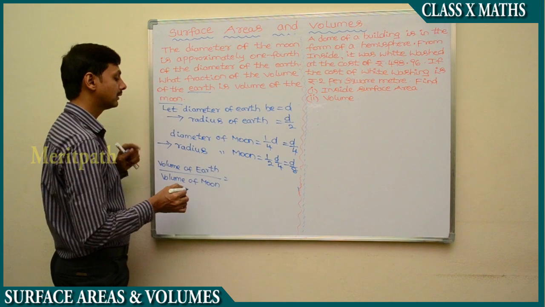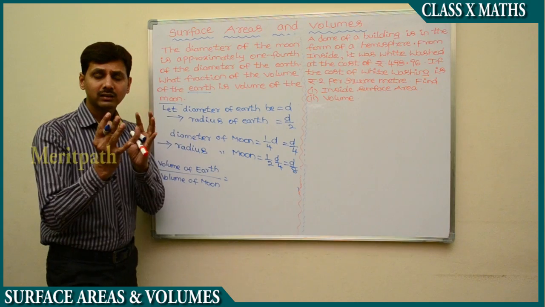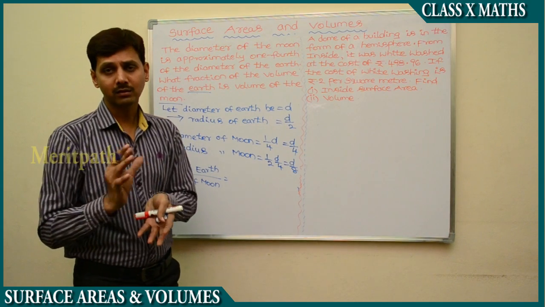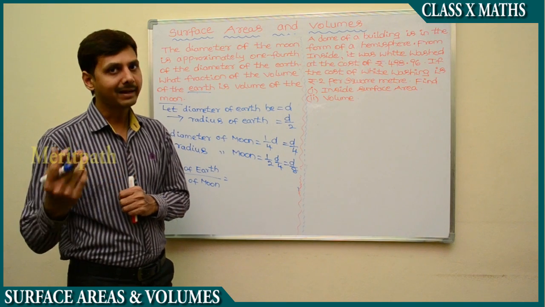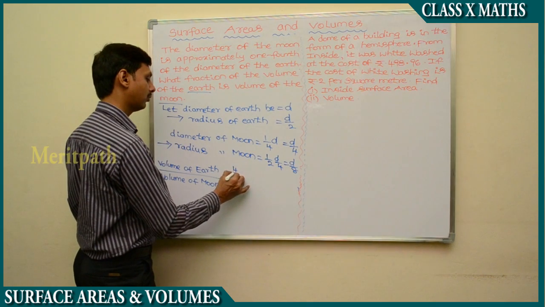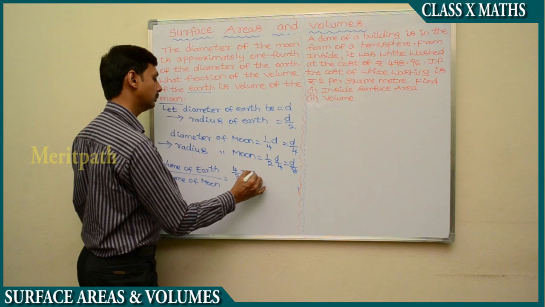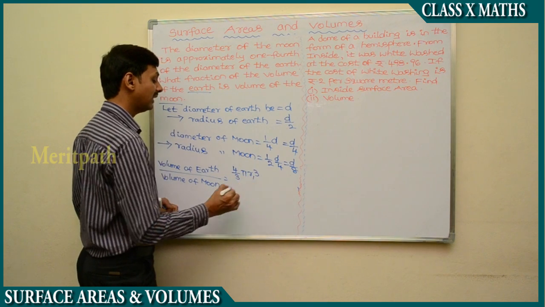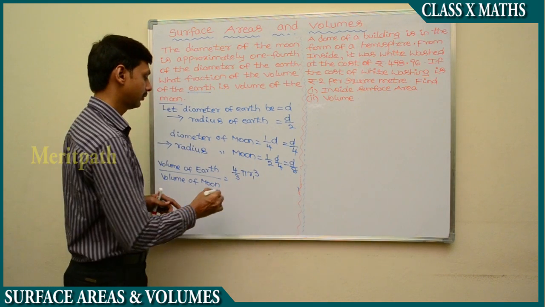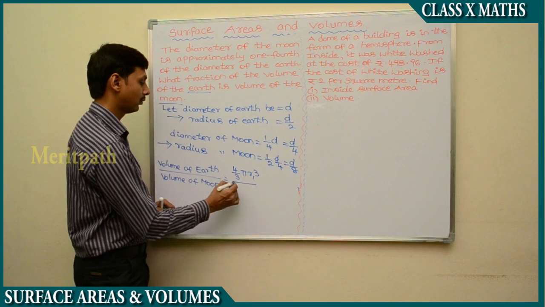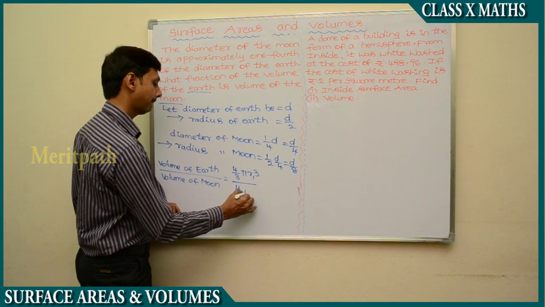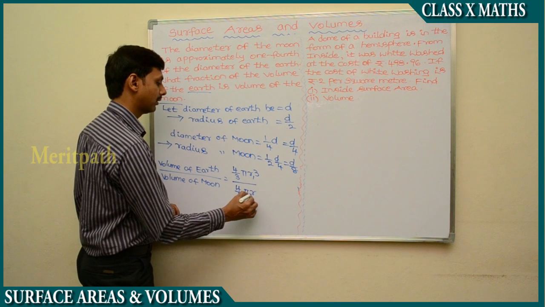The Earth is in the shape of a sphere, so let's use the formula 4/3 pi r cube. The Moon is also spherical, so 4 by 3 pi r cube.